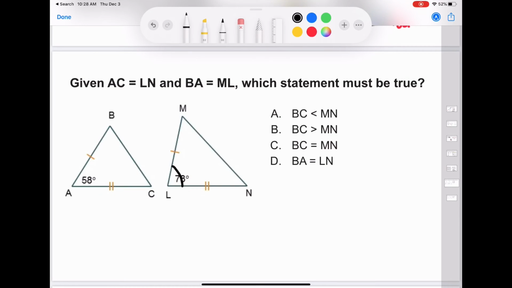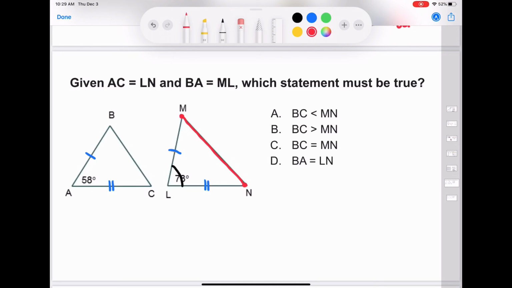Okay, so what does that hinge theorem tell us? Well, it tells us that because we have congruent sides that give us our included angle, the triangle with the largest included angle will have the largest remaining side, or the largest third side, and that is side MN.